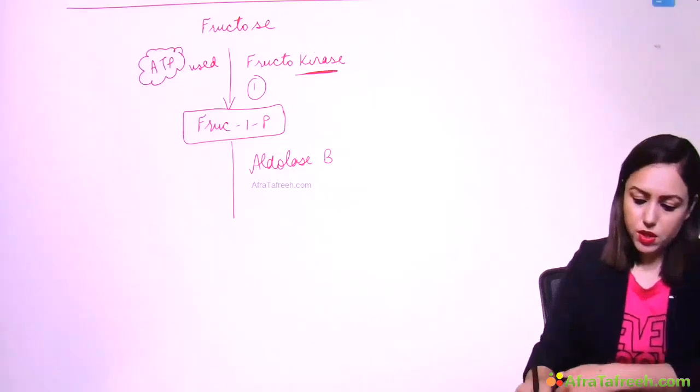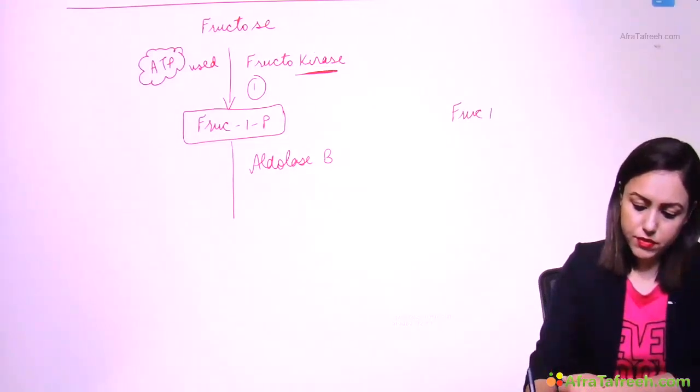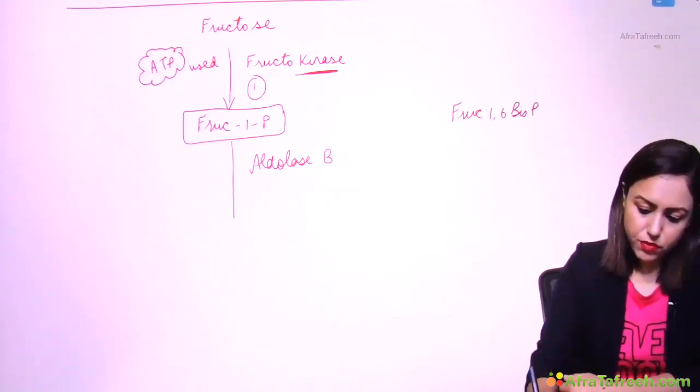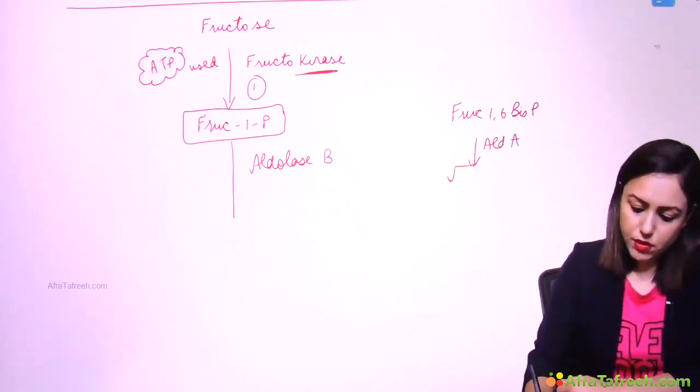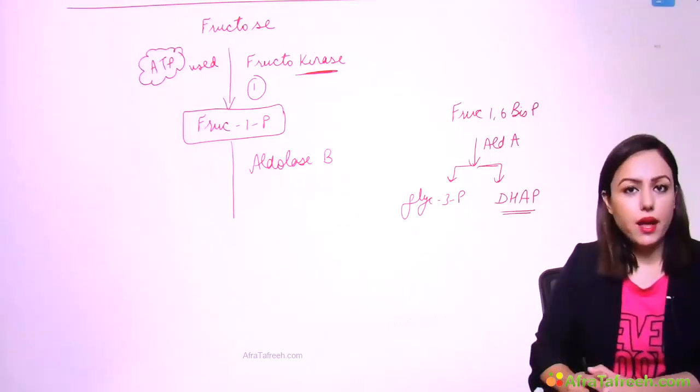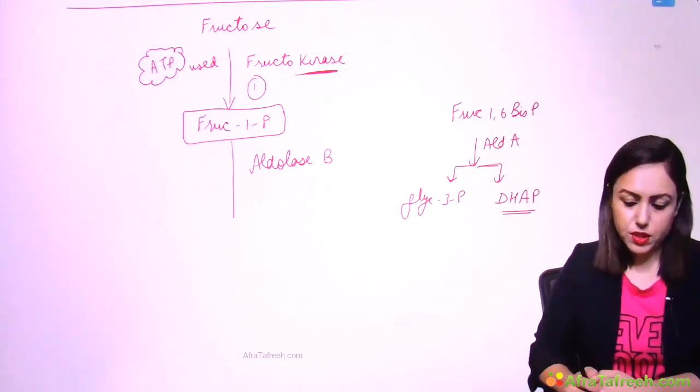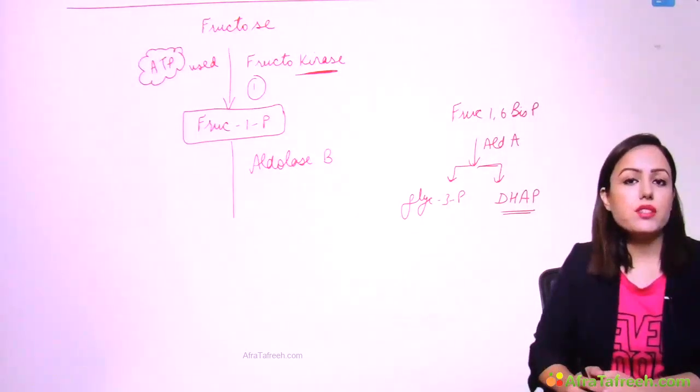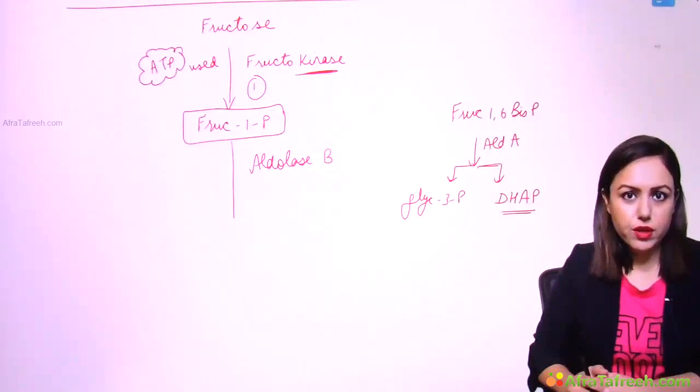So let's revise, fructose 1,6-bisphosphate with the help of aldolase A gets divided into glyceraldehyde 3-phosphate and DHAP, that is dihydroxyacetone phosphate, right? Aldolase A is present in most of the tissues of the body, right?